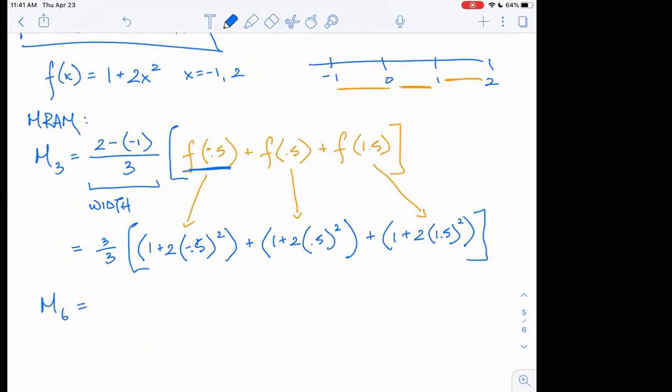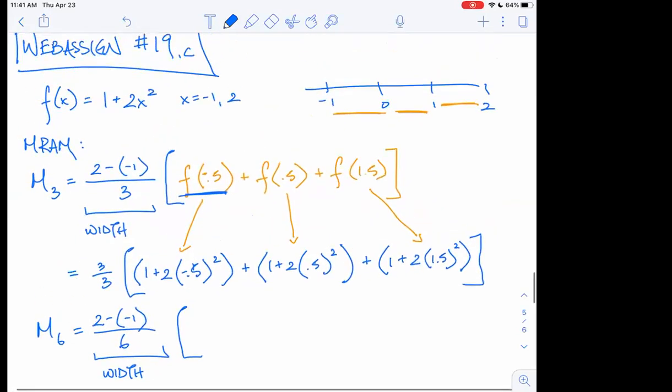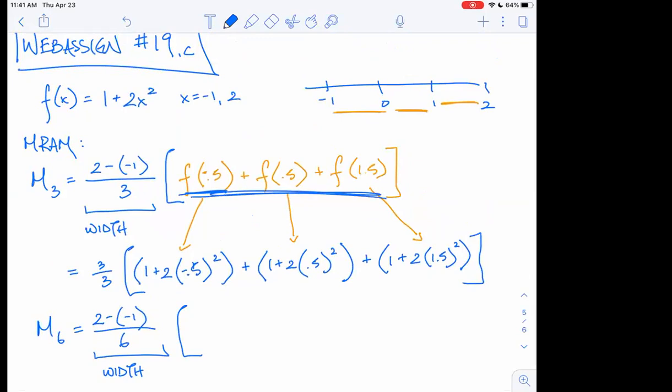So let's do the same setup, but for what happens if you had 6 rectangles. So 6 rectangles means 2 minus -1, because I'm still using my same b and a. And this time, though, I'm dividing it by 6. And this will give me the width of each rectangle. Now, to help me figure out these parts, I'm going to draw a similar diagram.